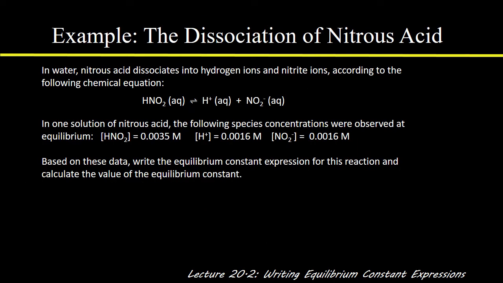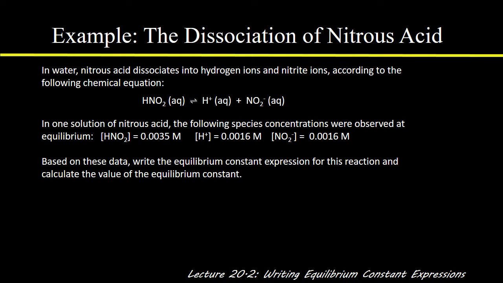Okay, so here's a typical example. In water, nitrous acid dissociates into hydrogen ions and nitrite ions according to the following equation, and then it gives you a balanced equation. The problem says, in one solution of nitrous acid, the following species concentrations were observed at equilibrium.